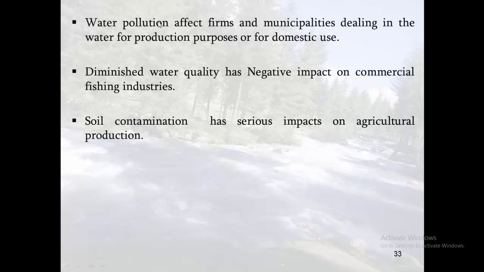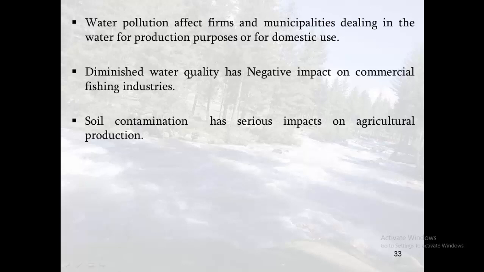But if this water is contaminated, then these firms and municipalities will definitely be affected, because people may stop purchasing water from them, or they may go for other sources, thereby reducing the revenue of the firms and municipalities.